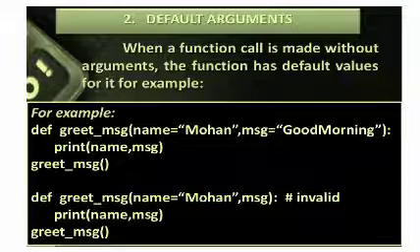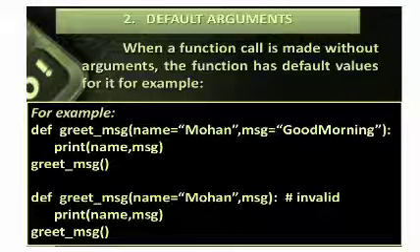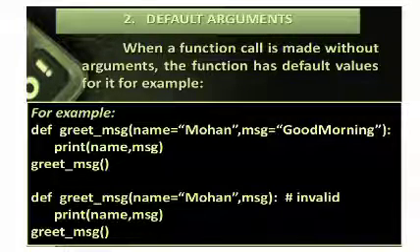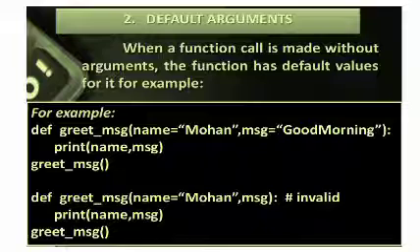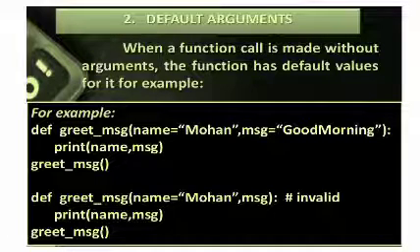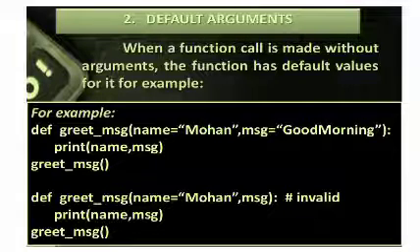But here greet_msg is passed a positional argument, and this is the wrong way to pass the argument, because the value assigned is Mohan, and the name of our variable is not predefined; it is passed directly.